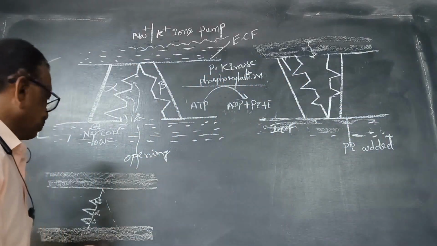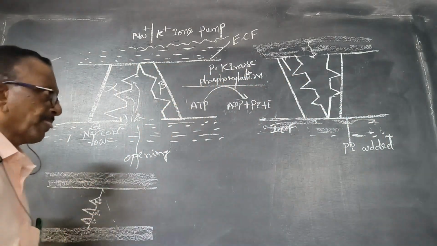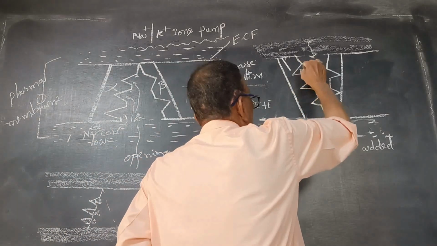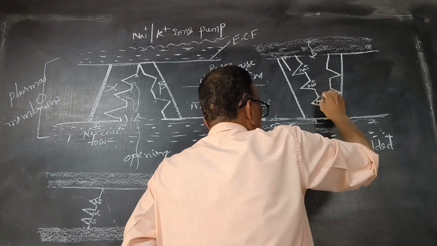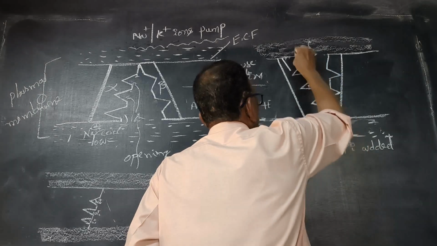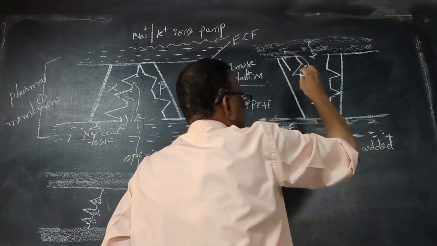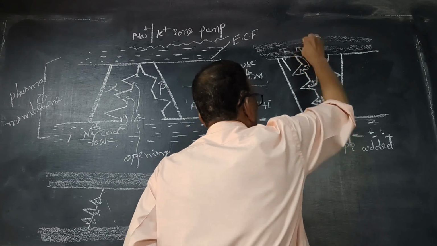Are you following this? So here also I have to draw that. Now here sodium ions are there, Na plus, and Na plus. These ions will escape into extracellular fluid like this.